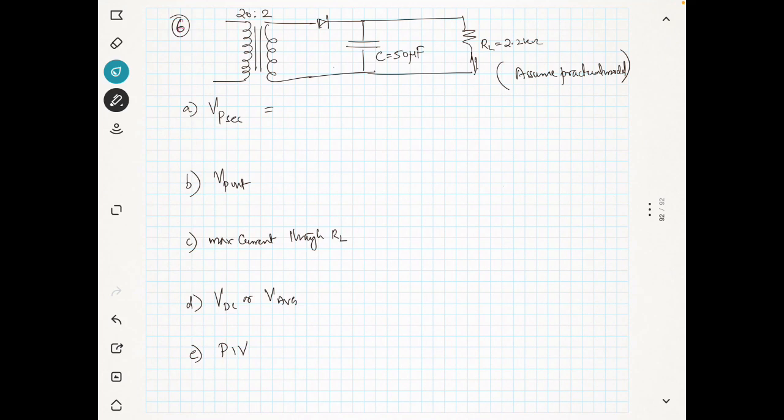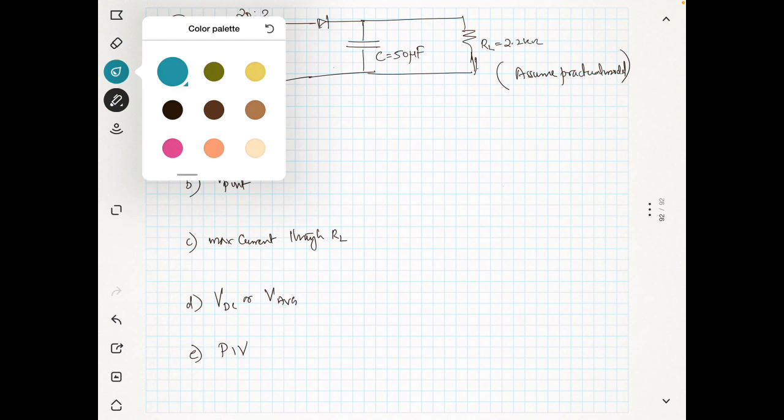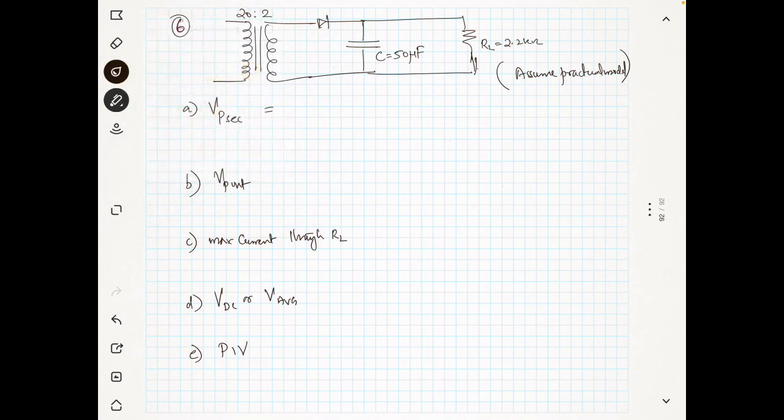So VP secondary, you know that, and also it is given. It is 230 volt, and the frequency is given as 60 hertz. If this 230 volt is given, it means that it is just the RMS value. So what will be the peak value?